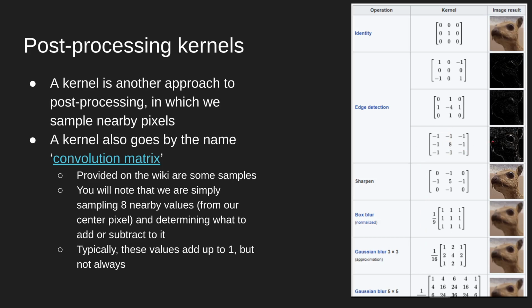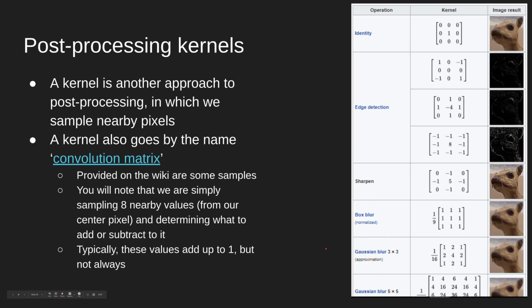By using this kernel, I can get a sharper edge along this shape. Some other examples are if you just take the original pixel and then multiply or normalize it, you can create a blurring effect.